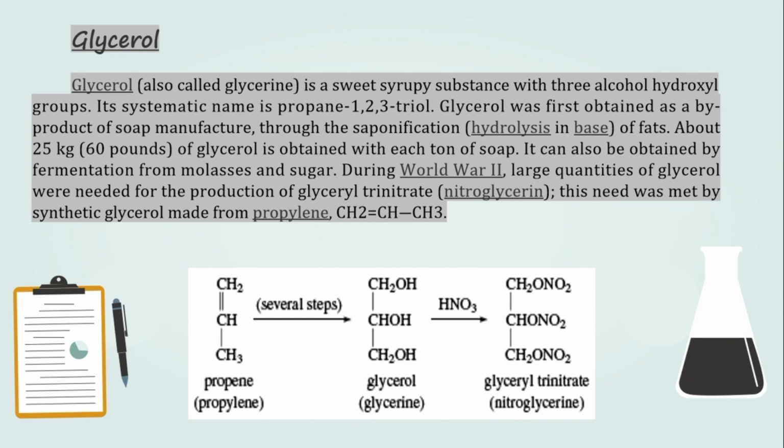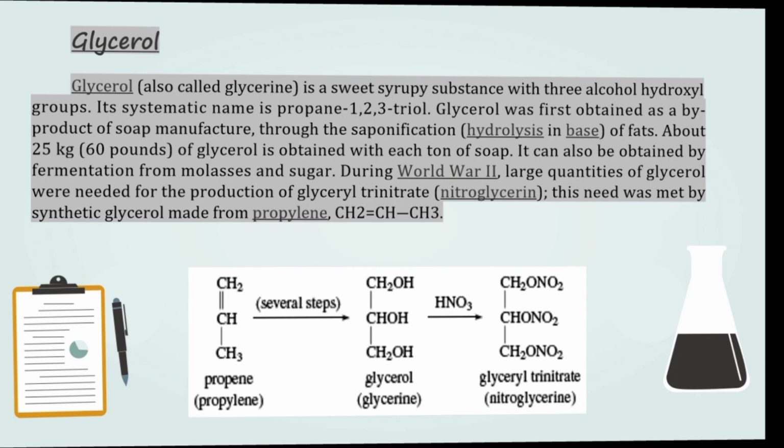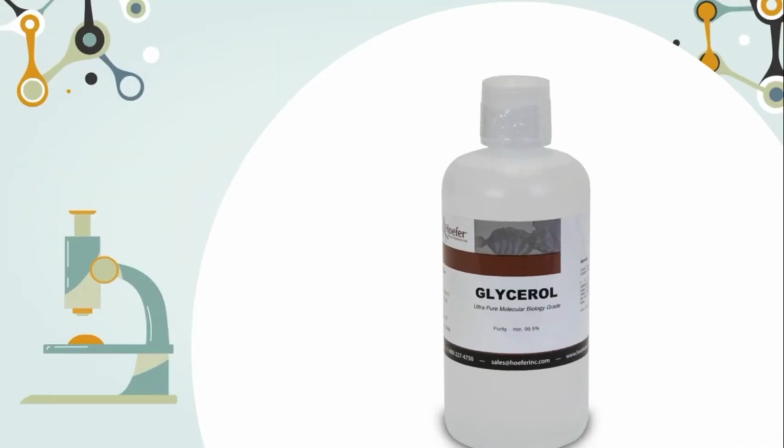So basically, glycerol is a sweet syrupy substance with three alcohol hydroxyl groups, and was first obtained as a byproduct of soap manufacture through saponification. As you can see below, this is the chemical reaction for glycerol. This is what we mean when we say glycerol.